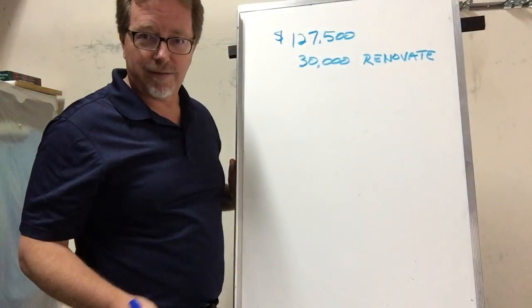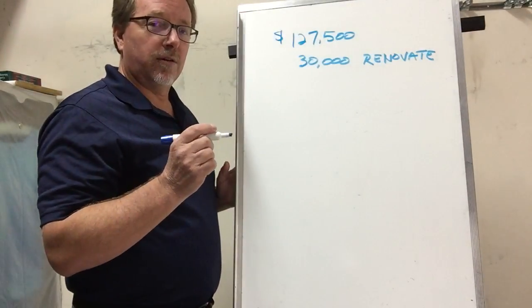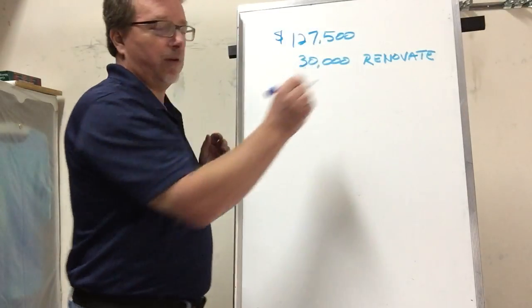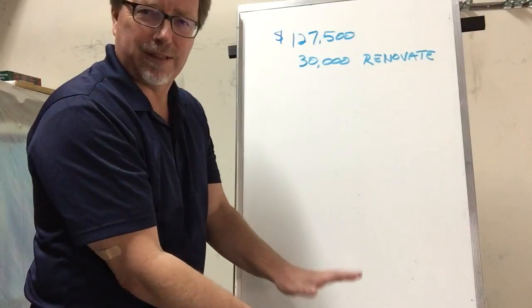You didn't repair, you renovated. Clients walk in the door and they want me to put $30,000 as a repair bill and show this really big negative number down at the bottom.